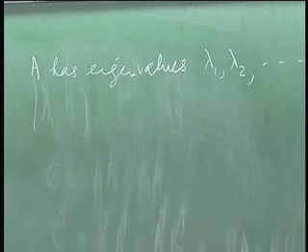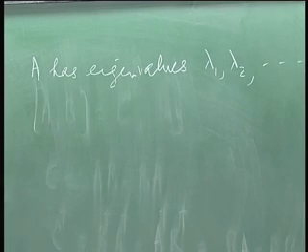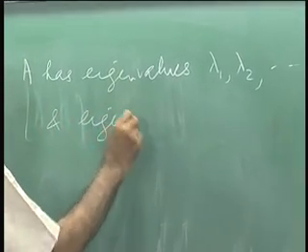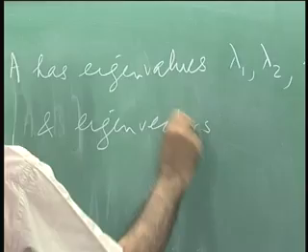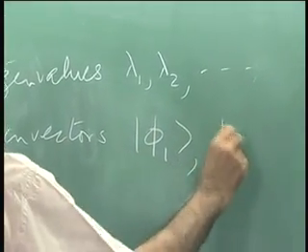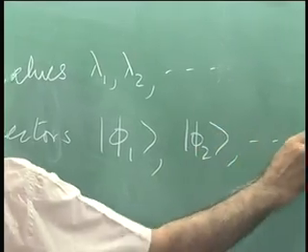Just for notation, let us call them lambda sub i, and eigenvectors or eigenfunctions phi 1, phi 2, etc.